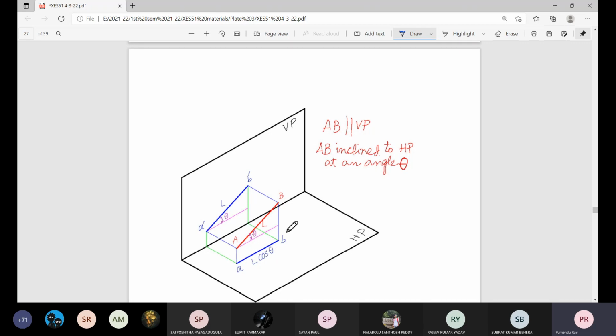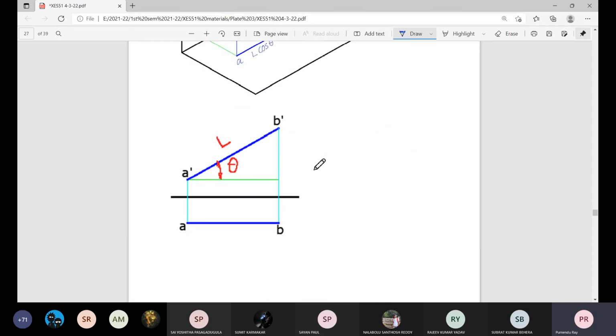Simply drop two perpendiculars on the horizontal plane, connect these two feet of the perpendiculars. And this is the way how we represent that line parallel to vertical plane inclined to the horizontal plane at an angle theta. So this length will be L cos theta. This is true length L. This is true angle theta with the horizontal plane.